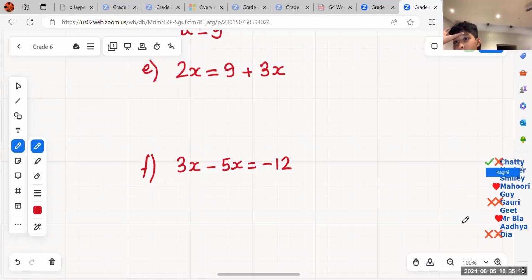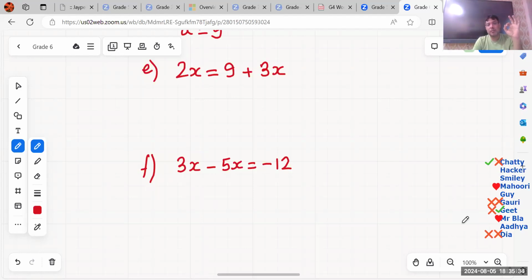So this is tricky. I'm not able to understand. It's the same thing, beta, we did in the previous classes.